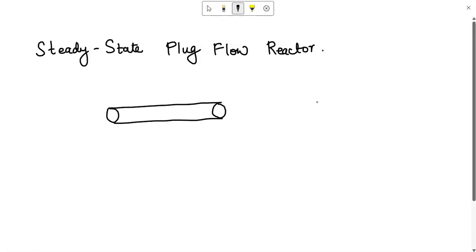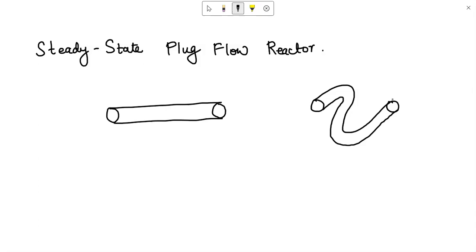It may also be slightly coiled at certain parts, like this. So there may be some coiling. Essentially, we have a long tube through which the reacting fluid flows from one point to another.